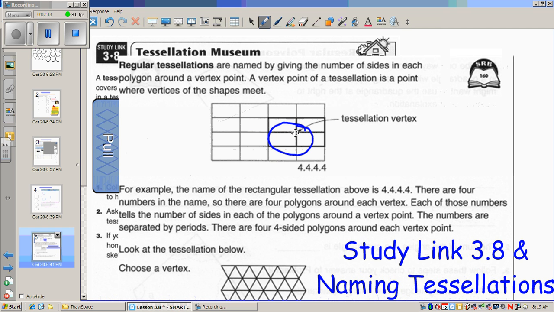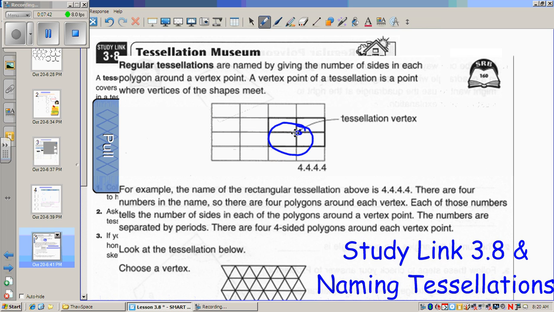So there's your vertex, in the center there. For example, the name of the rectangular tessellation above is 4 by 4 by 4 by 4. There are 4 numbers in the name, so there are 4 polygons around each vertex. Each of those numbers tells the number of sides in each of the polygons around a vertex point. The numbers are separated by periods. There are 4 4-sided polygons around each vertex point.